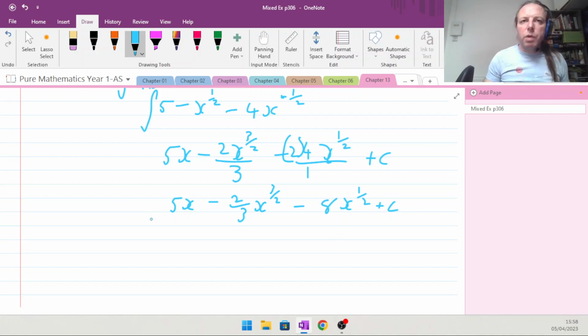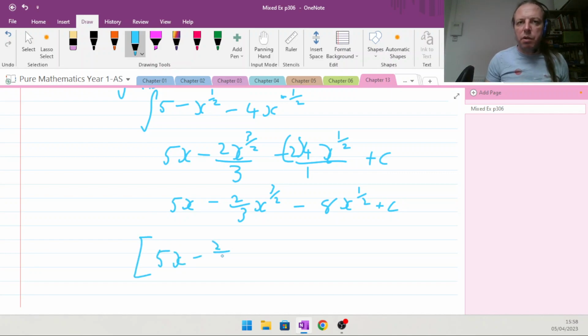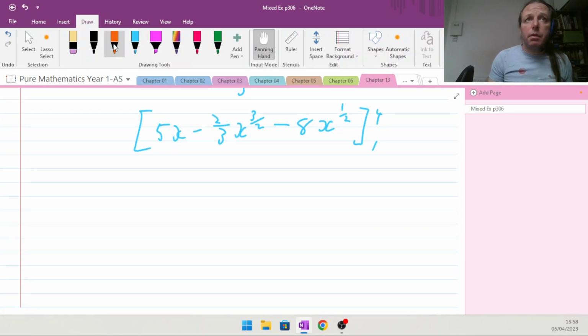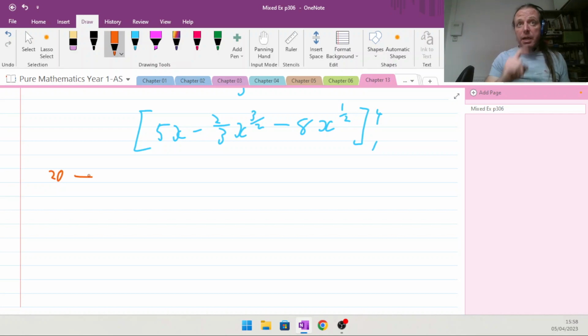Now then, we are going to do that for the integral between 4 and 1. Okay, so 5x minus 2 over 3 x to the 3 over 2 minus 8x to the half, between 4 and 1. So 5 times 4, 20 minus, what's that going to be?